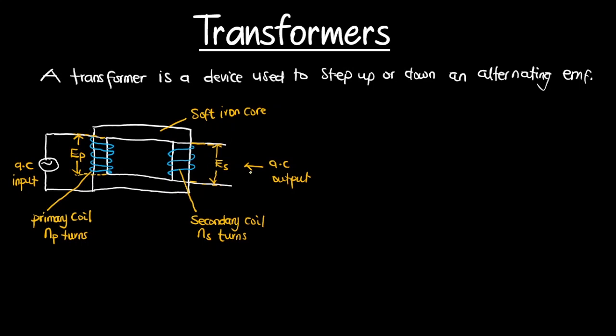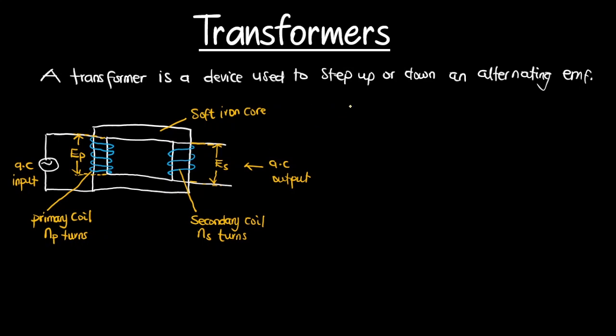Then where the output is, that is the EMF of the secondary coil, so we represent that by ES. Obviously the coil on the secondary side is what we call the secondary coil. The number of turns it has is represented by NS, and then the primary coil, where the AC input is, has a number of turns NP.